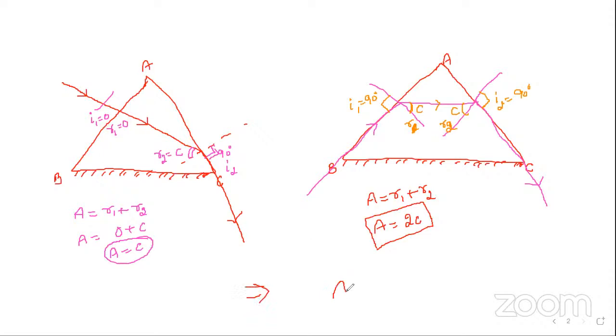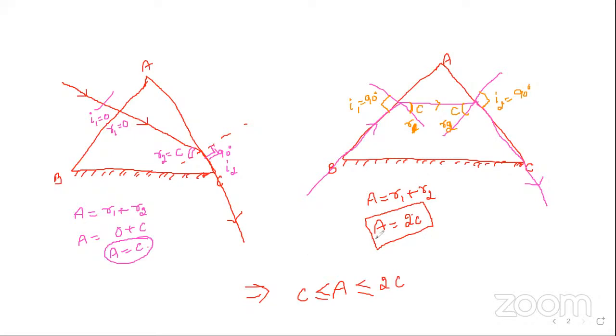Whatever the angle of the prism is, it should be more than or equal to the critical angle, and it should be less than or equal to twice the critical angle. So the A value can't be less than C.